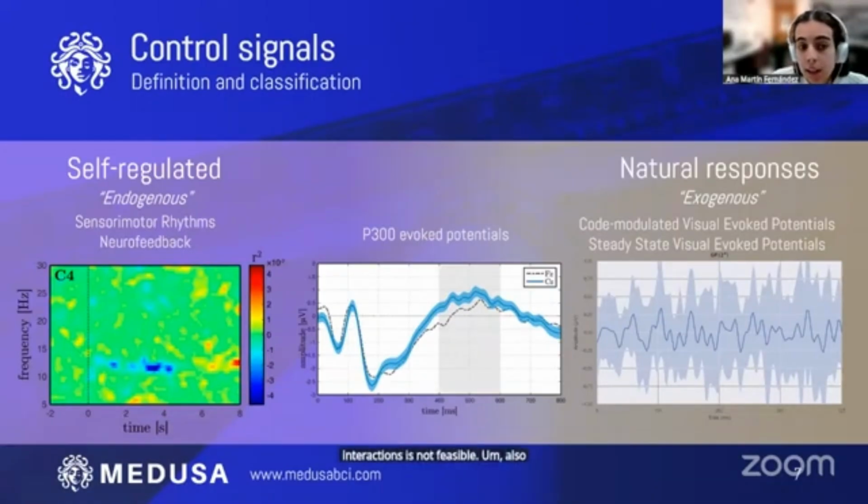Also, EEG signals have quite poor spatial resolution and are quite noisy, which further limits the interpretability of these signals.